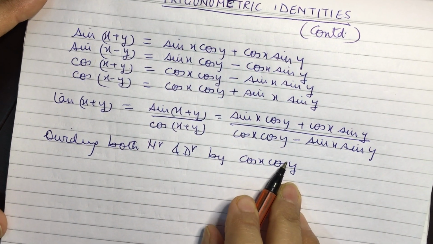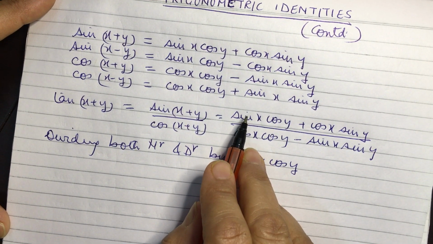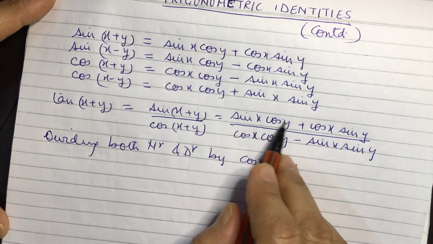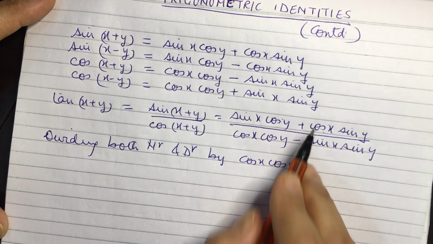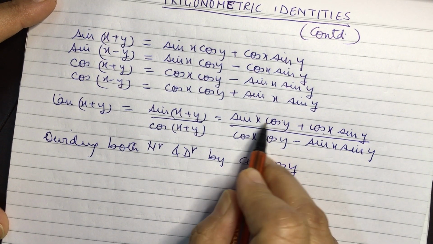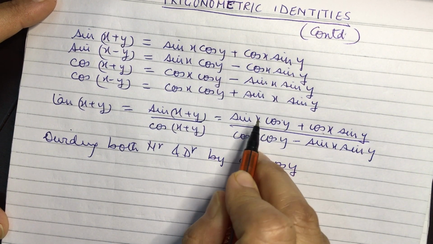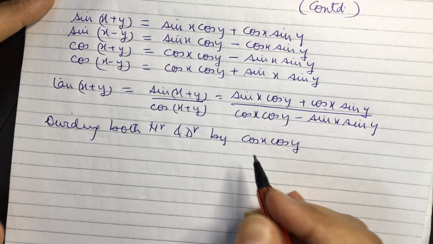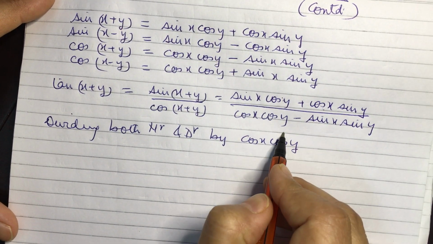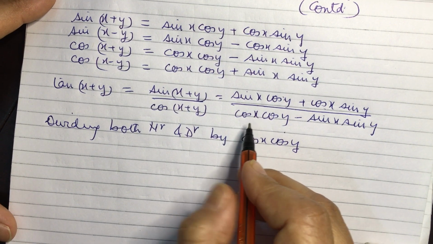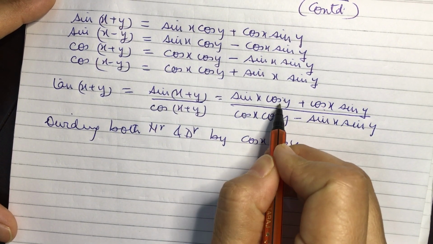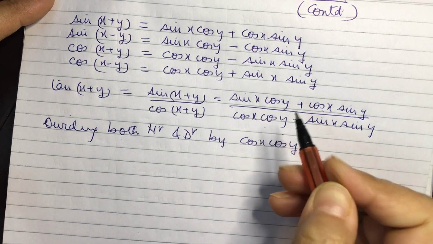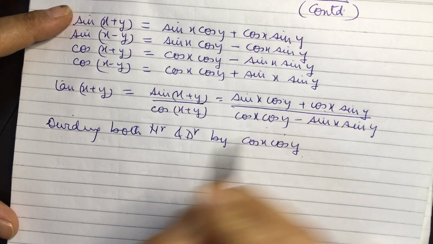And why are we doing so? Because we want a result for tan of x plus y in terms of tan. If you divide by cos x cos y, you will get some terms as tan x and tan y. Dividing both numerator and denominator by the same value is allowed.